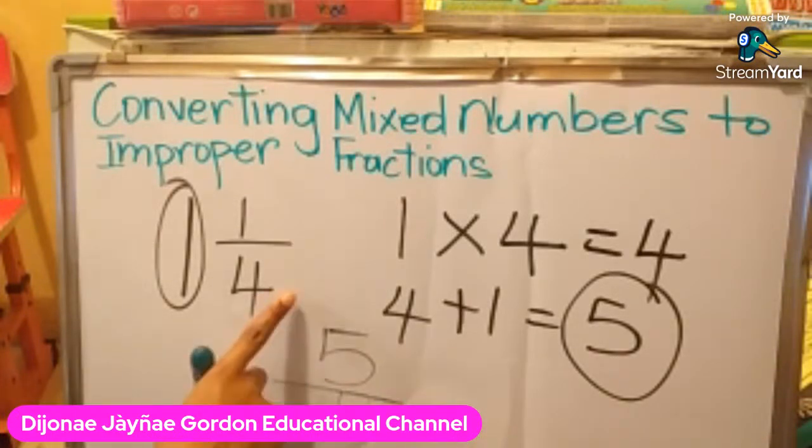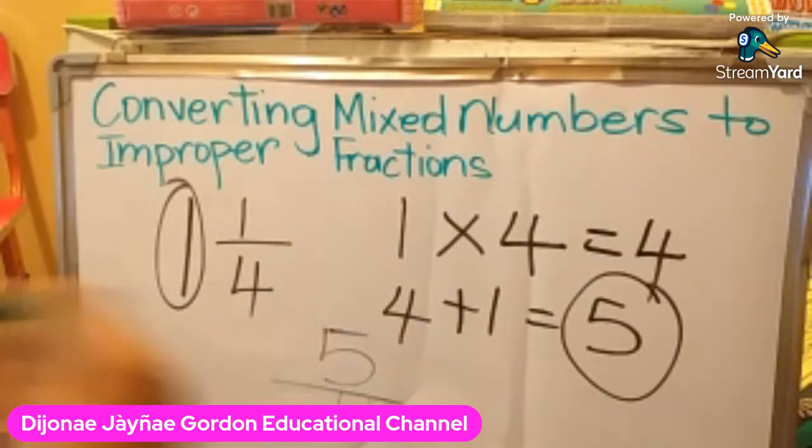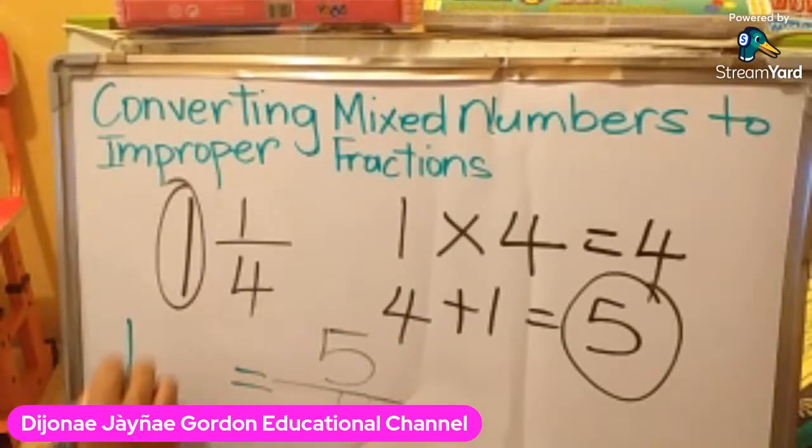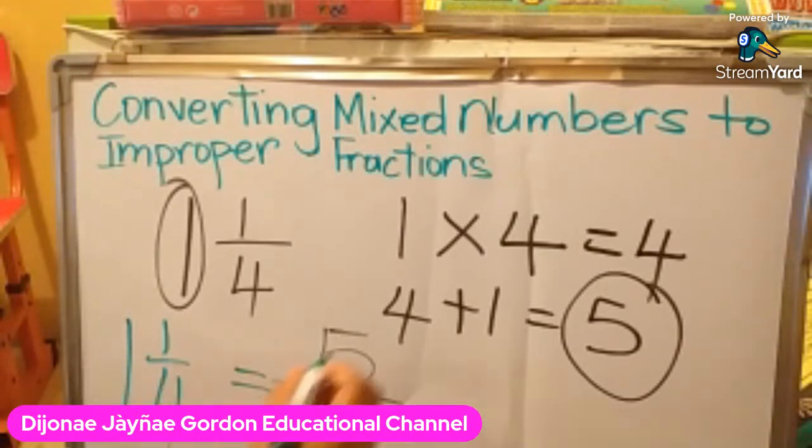We write back this 4, and this is our answer. 1 and 1/4 is equal to 5/4. So that's the first one.